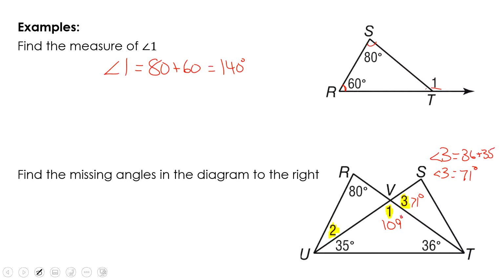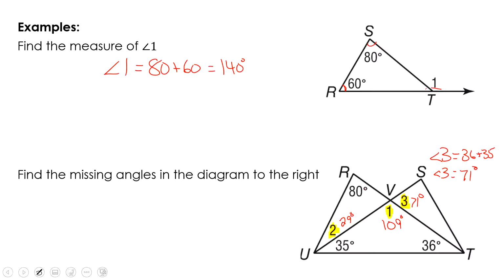Everybody see that? Which then tells me angle 1 is this 80 degree angle plus angle 2. So angle 2 in that instance is going to be 29 degrees. Does that make sense? We pieced together information about what we know. We knew linear pair. 1 and 3 are a linear pair. We knew what those had to equal.